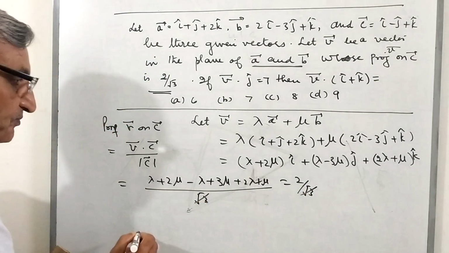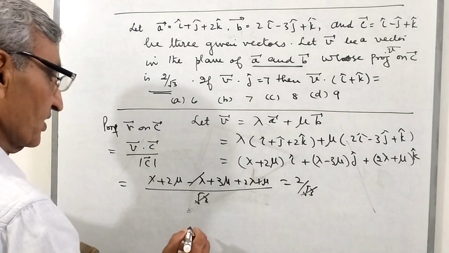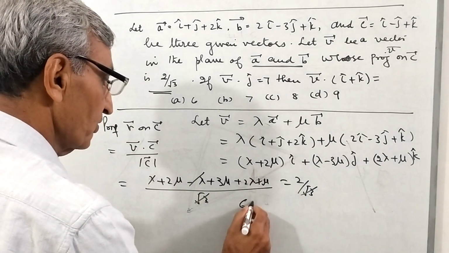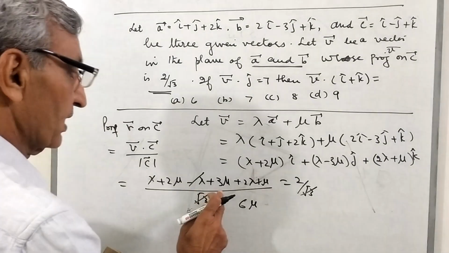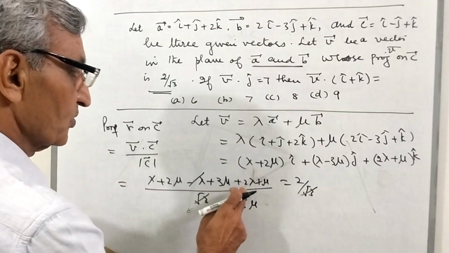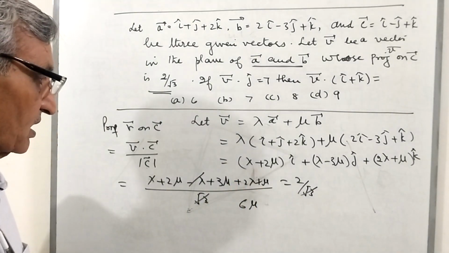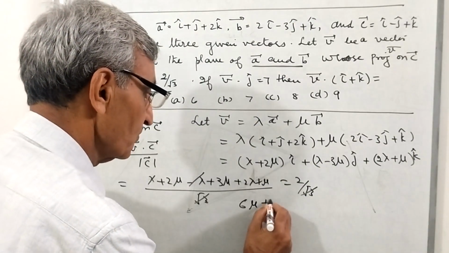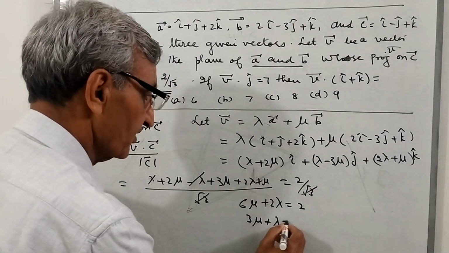This goes here. Lambda minus lambda cancels, and this gives 6 mu plus 2 lambda is equal to 2, so 3 mu plus lambda is equal to 1.